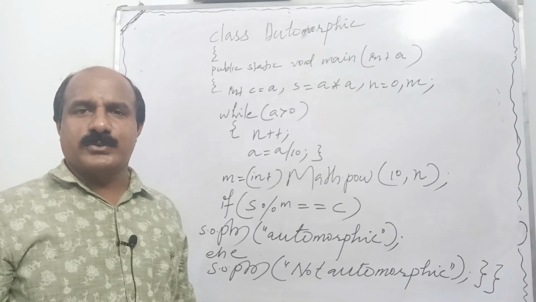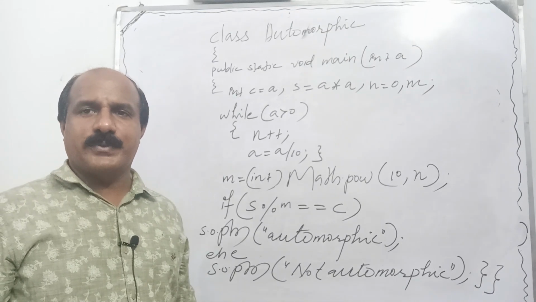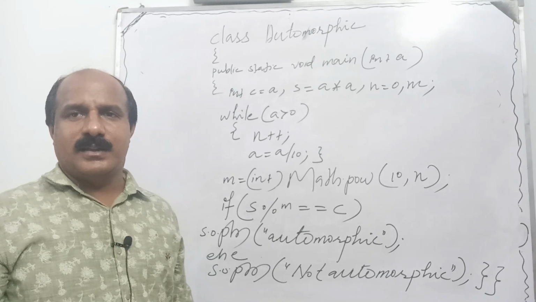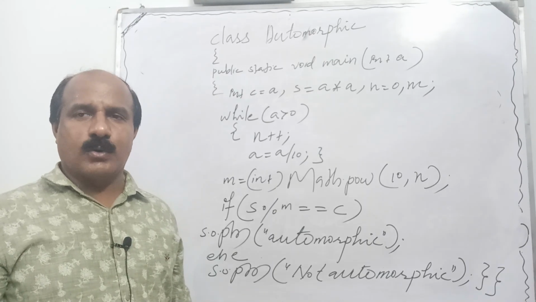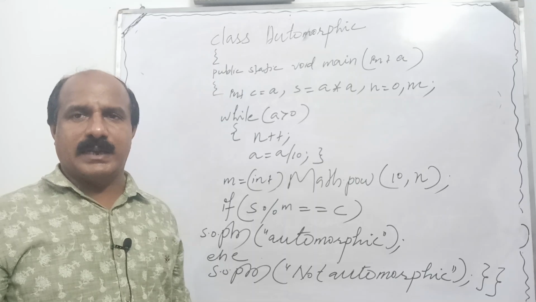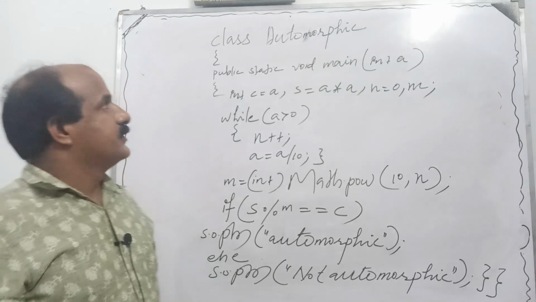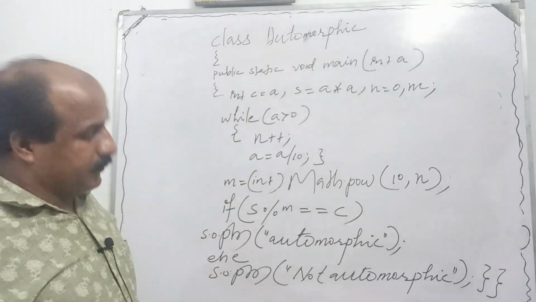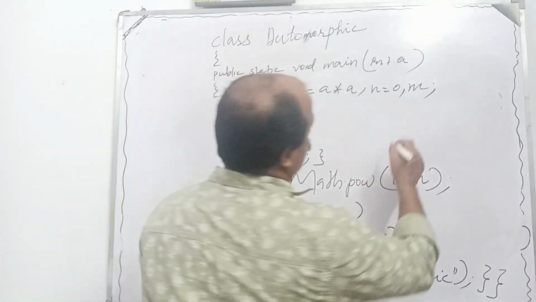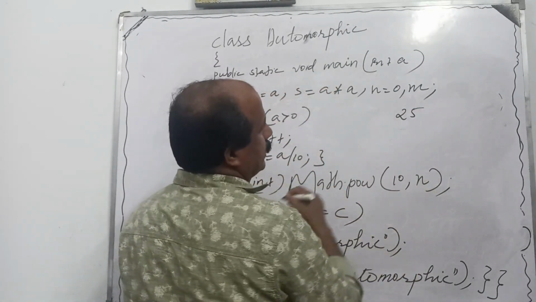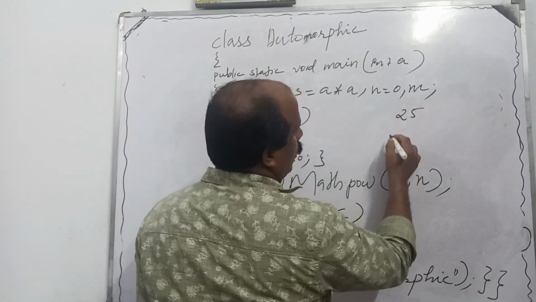Next we are going to see the automorphic number. We have already discussed it in Class 9, and we will discuss almost all the number programs and series. See, for example, if you want to check whether 25 is automorphic, you have to calculate its square.